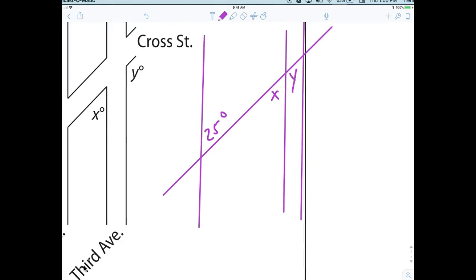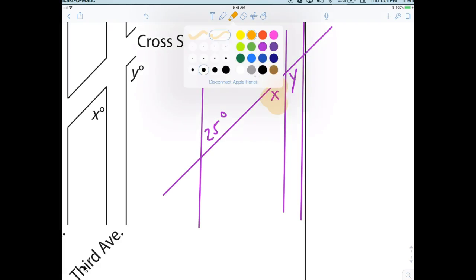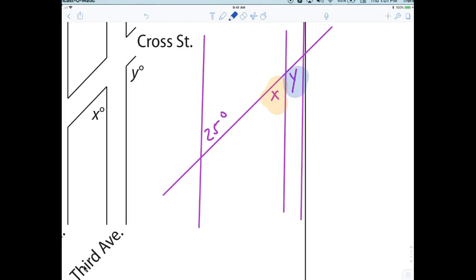So what's true about x and y? Somebody tell me what's true about x and y. What's true about this angle right here and what's true about this angle right here?